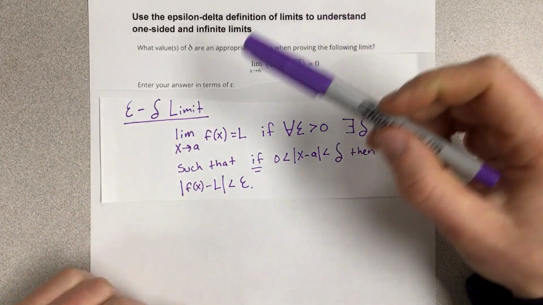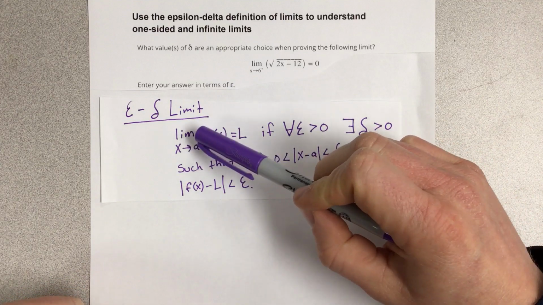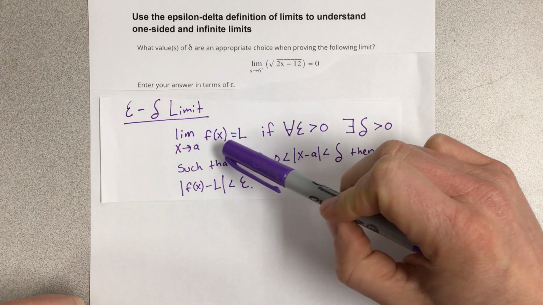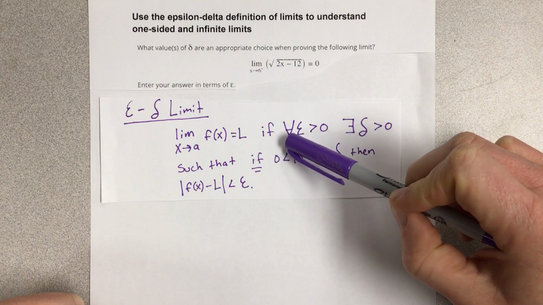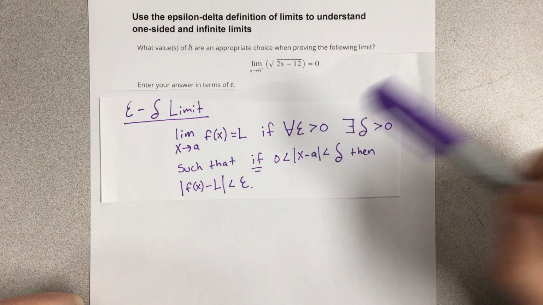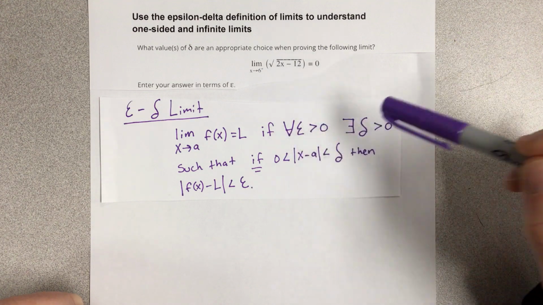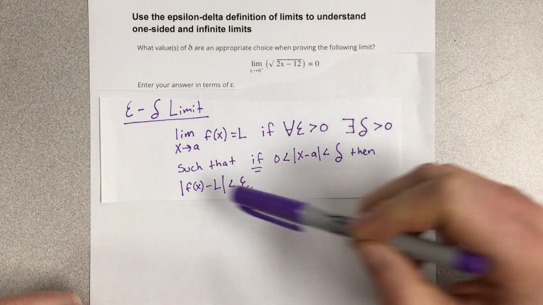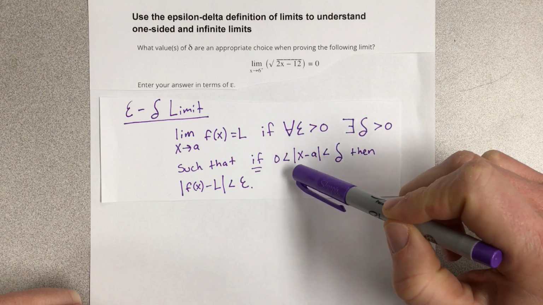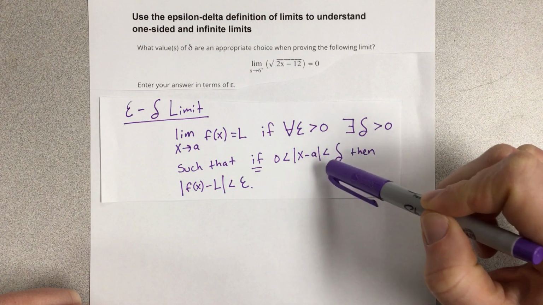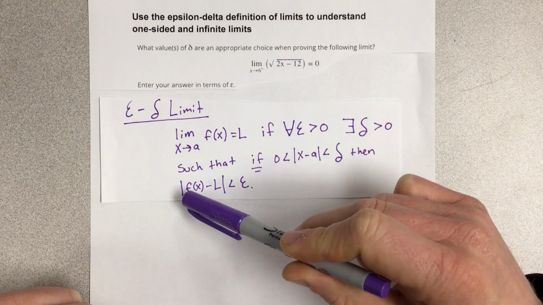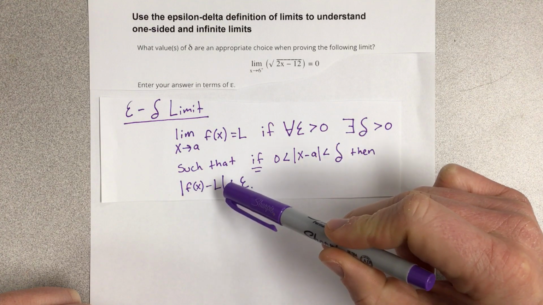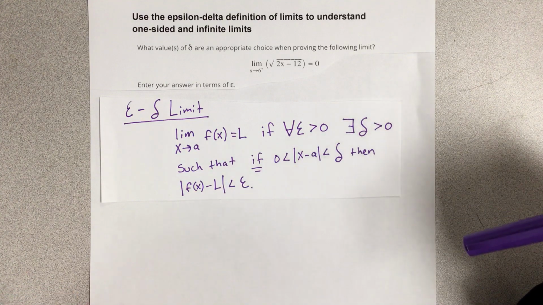It says that we have this limit as x approaches a of f of x equals L if for any epsilon greater than 0, there exists a delta greater than 0 such that if 0 less than absolute value x minus a less than delta, then the absolute value of f of x minus L is less than epsilon.